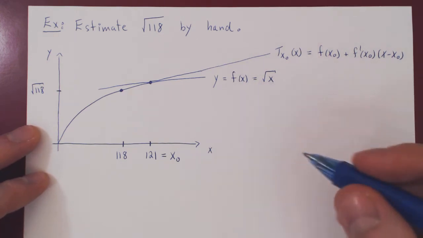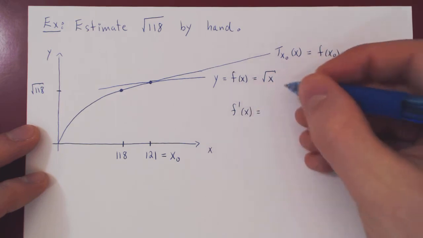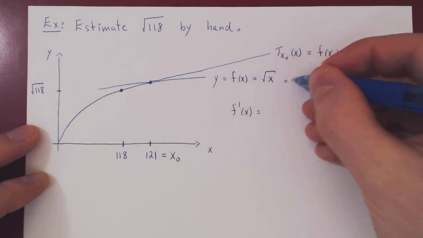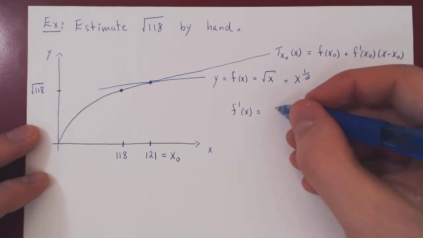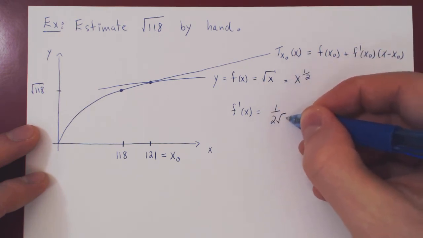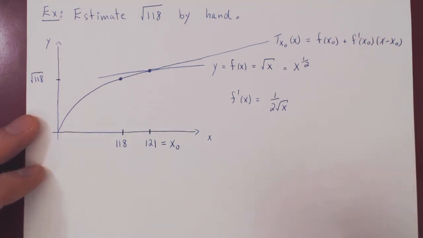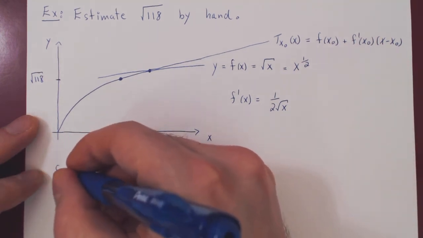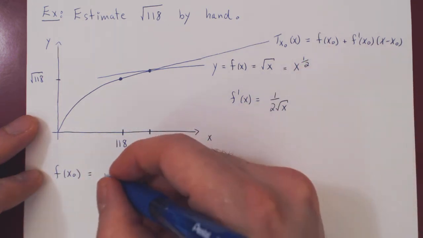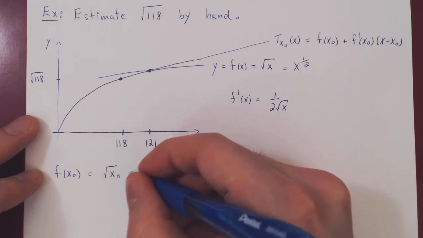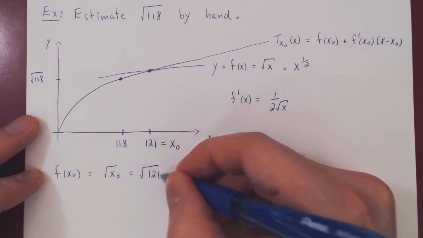Well, if f of x is the root of x, f prime of x, thinking of the square root as a power of 1/2, using the power rule, the derivative is 1 over 2 root of x. So let's first find f of x0. This is the square root of x0. x0 is 121, so root of 121, which is 11.